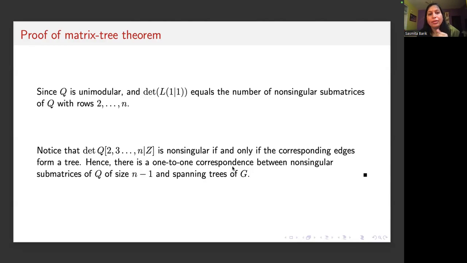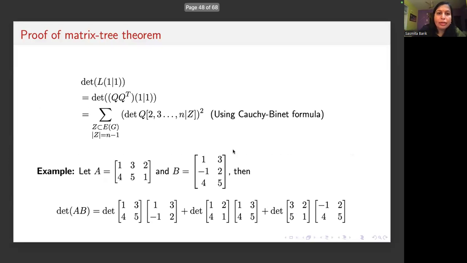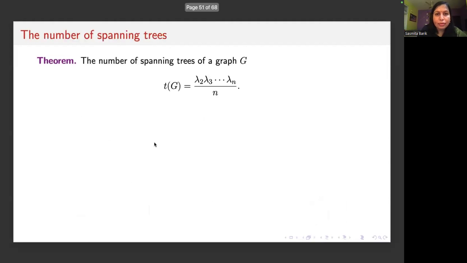So that way you can show that that will contribute 0. So this sum actually gives how many +1s will come, which will depend on how many spanning trees there are. So this sum will give you the number of spanning trees of the graph. So this is the proof.